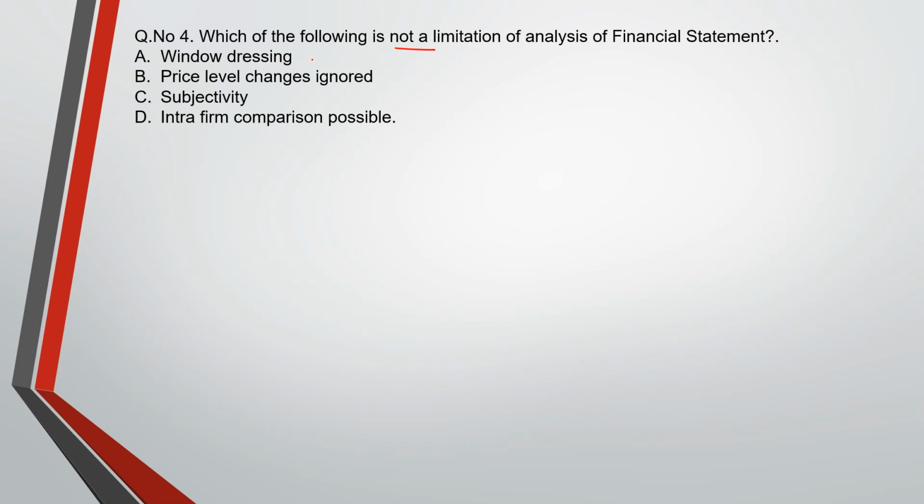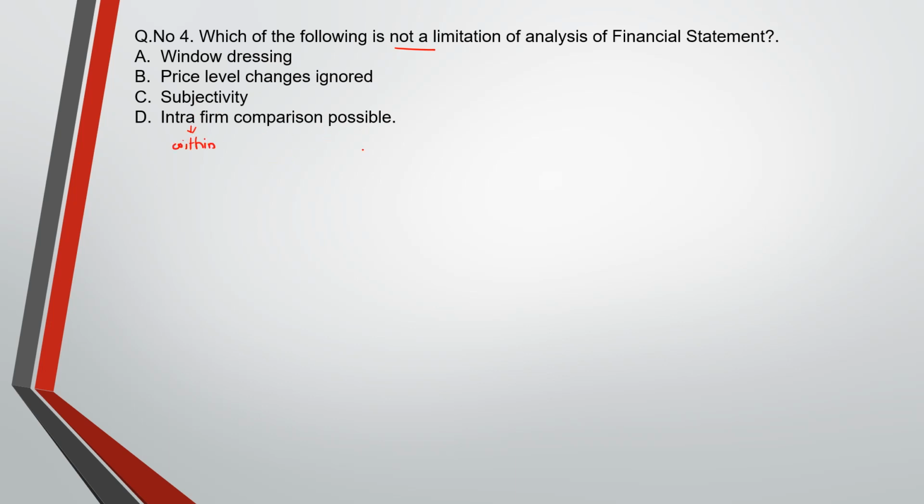when we are doing analysis of financial statement. Subjectivity, yes, it is a matter of subjectivity that when a person is doing analysis of financial statement, he will have his own views and therefore it is subject to bias, and therefore it is not an objective analysis of financial statement. Intra-firm comparison. Intra-firm means within the firm comparison.